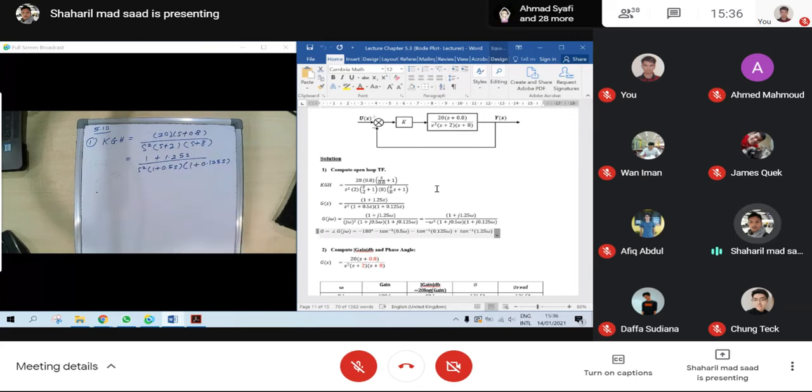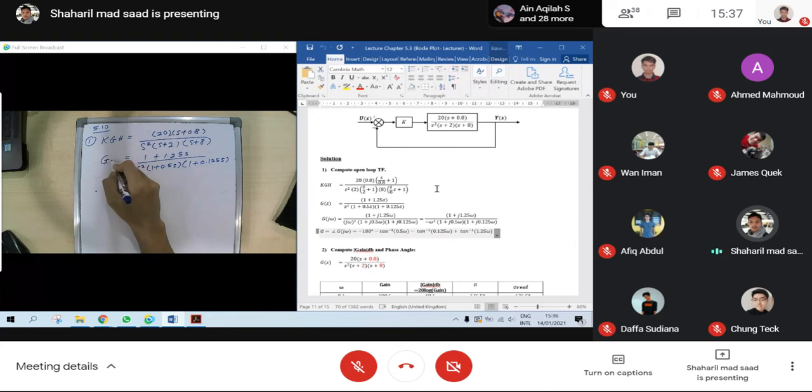Alright, and then I put this one as G(s) here. Then you can find this one as s equal to jω.